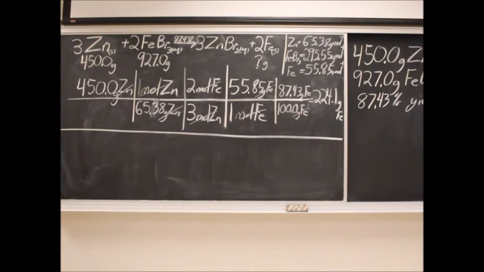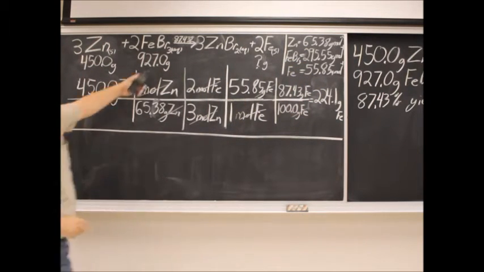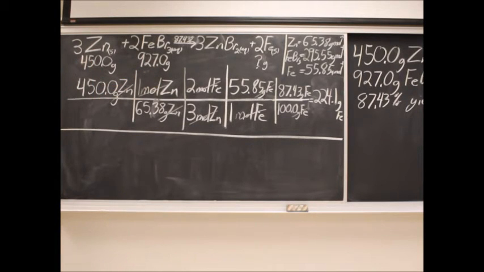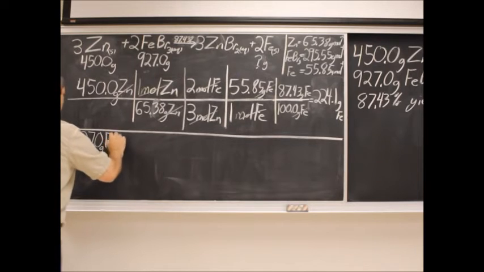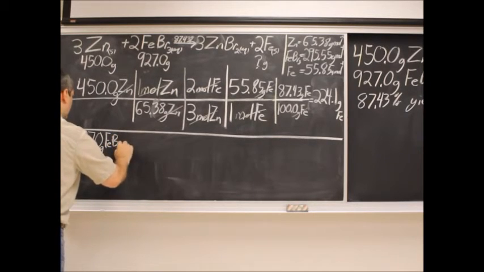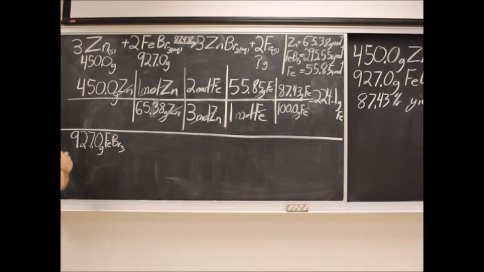So now I redo this calculation, but based on the iron 3 bromide. So we have 927.0 grams of iron bromide.